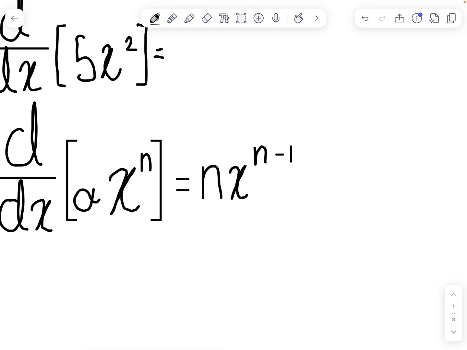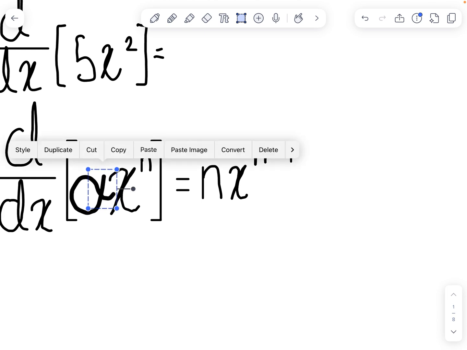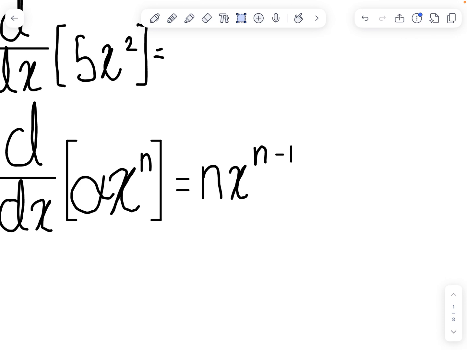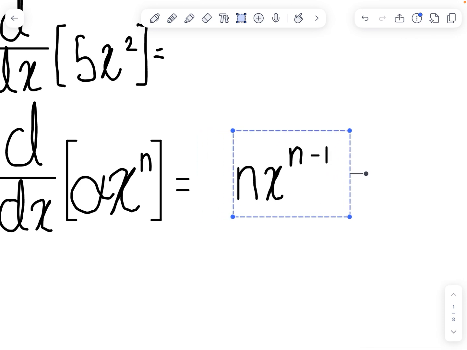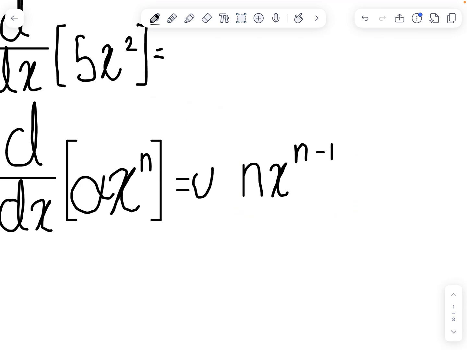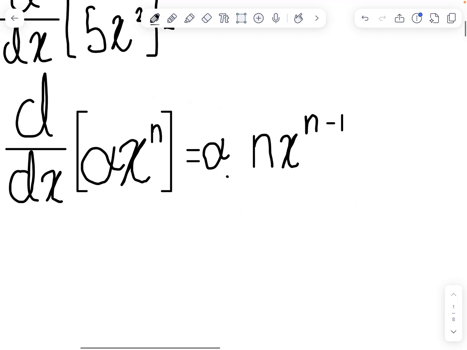So we do alpha multiplied by the original power rule: alpha times n times x to the power of n minus 1.